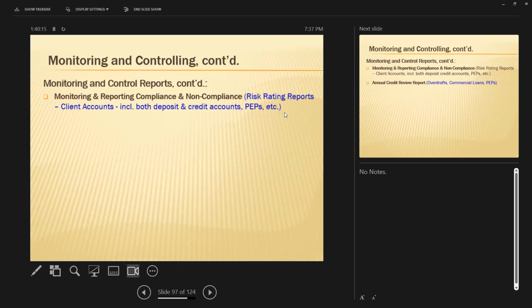If there's a change that needs to be made, so like if there's an annual review of an account that comes up, is that credit risk rating the same risk rating, or does it need to change? Does it go up or down?